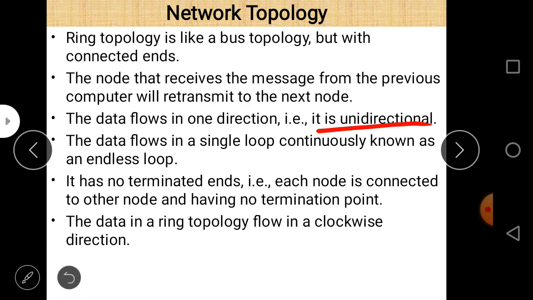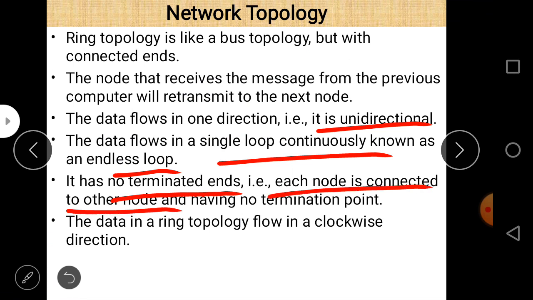The next point is that the data flows in a single loop continuously, known as the endless loop. So there is a single loop, also called an endless loop, and it has no terminated ends, because it is a loop, or a circle, or a ring, and each node is connected to another node with no termination points.